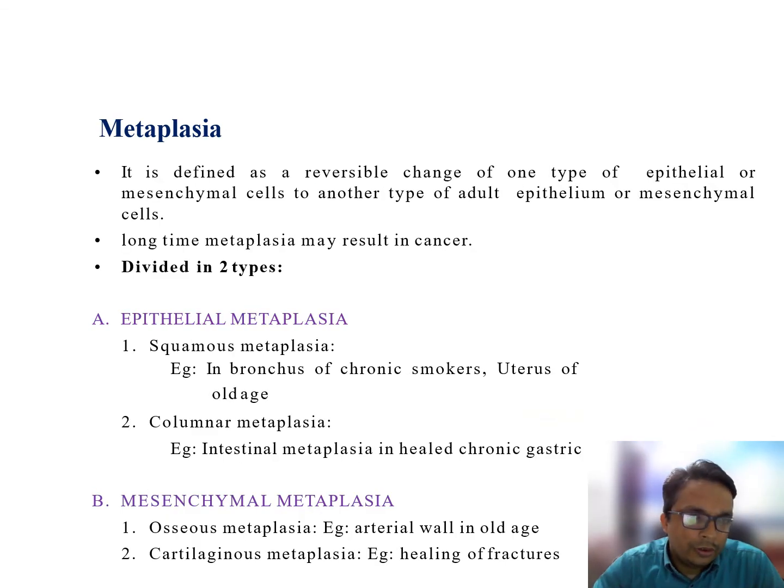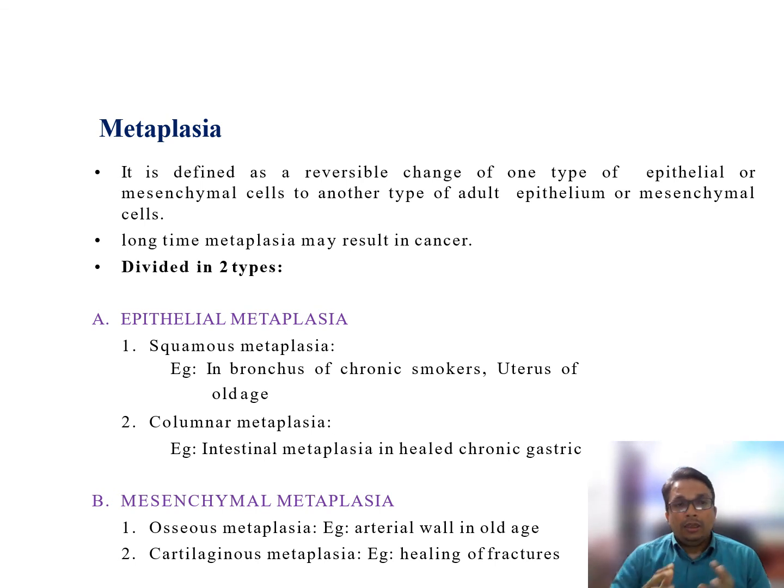Another type of cell adaptation is metaplasia. Metaplasia is defined as a reversible change of one type of adult epithelial or mesenchymal cell to another type of adult epithelial or mesenchymal cell.